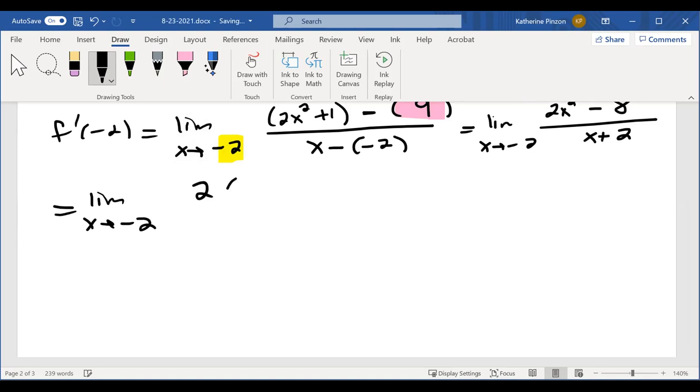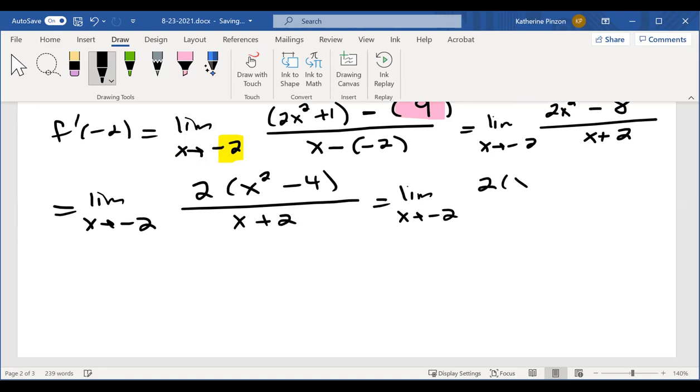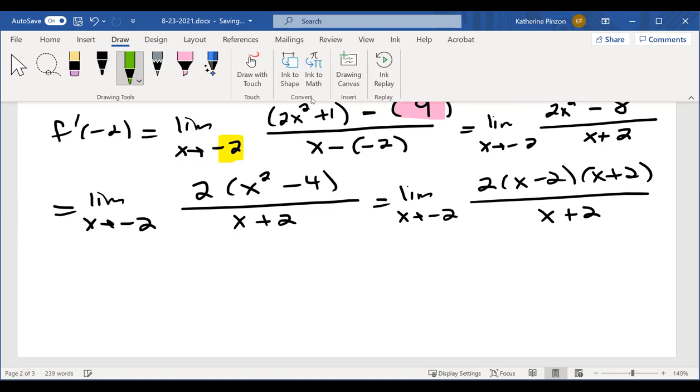Okay, I'm going to factor a 2 out of the numerator. That makes x squared minus 4. And then I can factor x squared minus 4 into x minus 2 times x plus 2. Which is lovely because now these x plus 2's cancel.